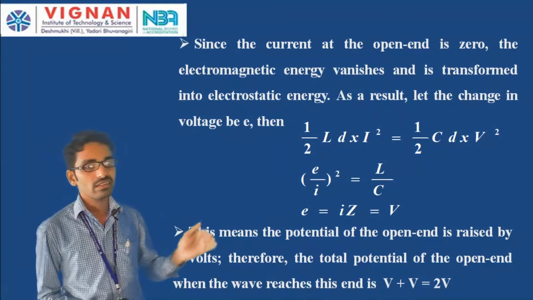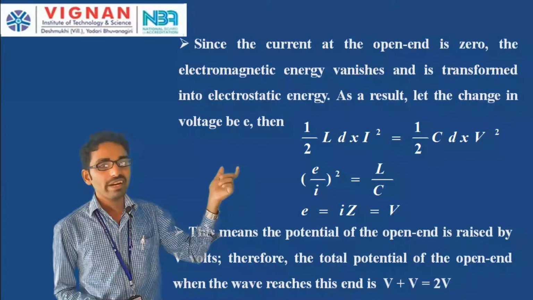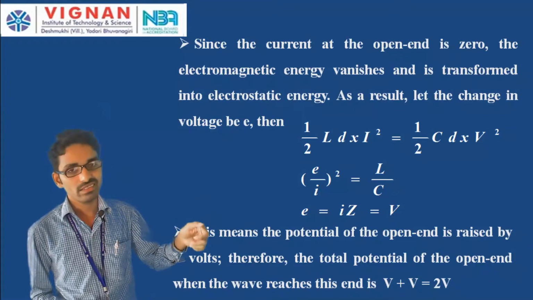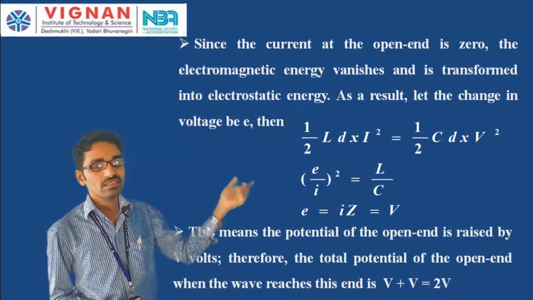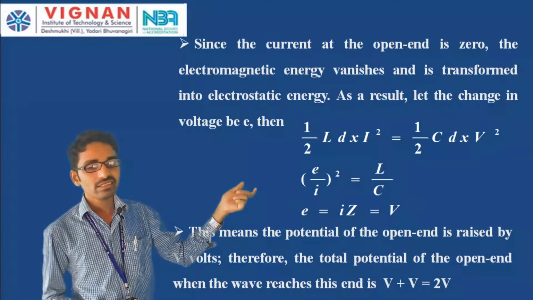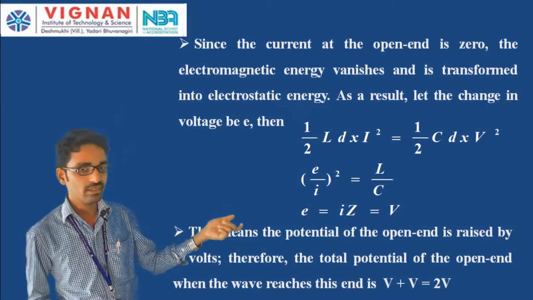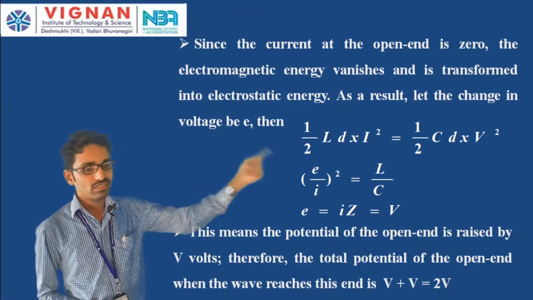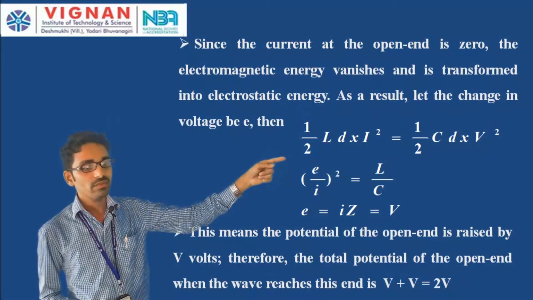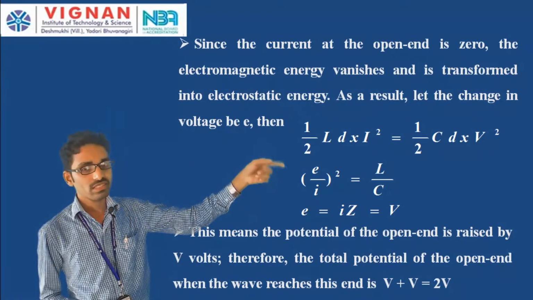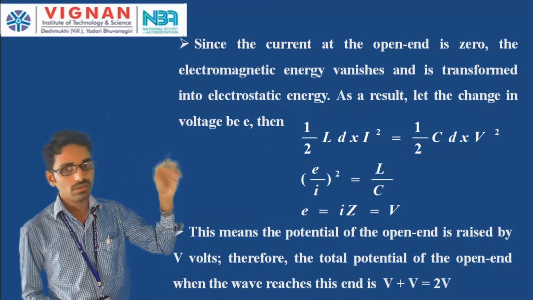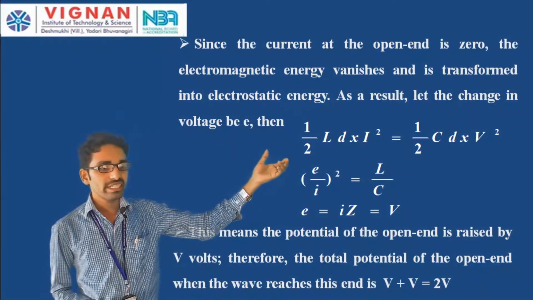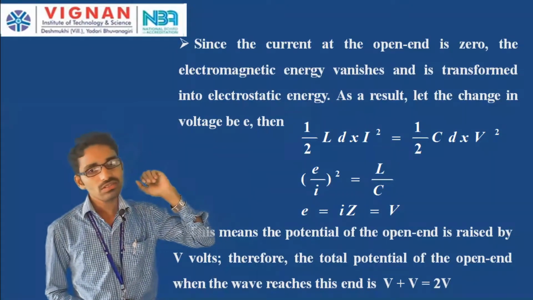Whatever electromagnetic energy is stored is going to be transferred into the electrostatic energy. So let us consider the change in the voltage to be E, then half L dx I square is equal to half C dx v square. The electromagnetic energy stored in the inductor is transformed into the electrostatic energy.